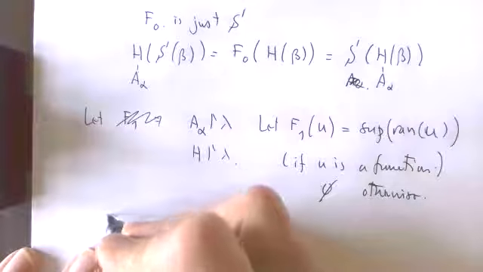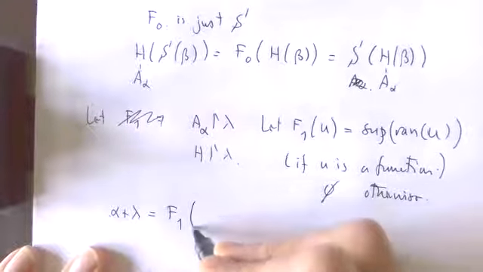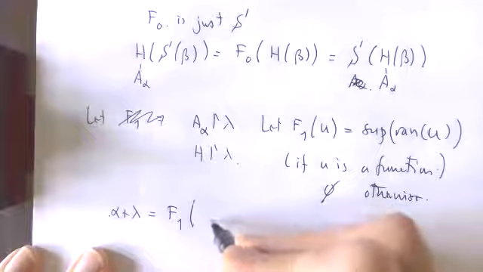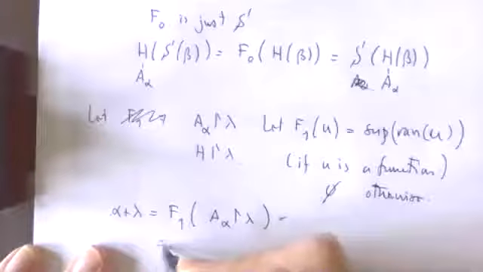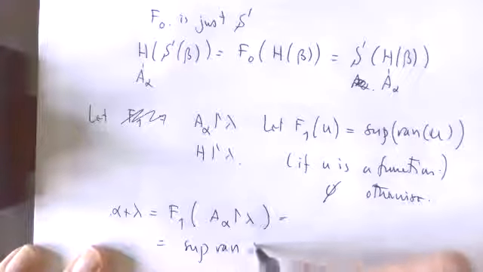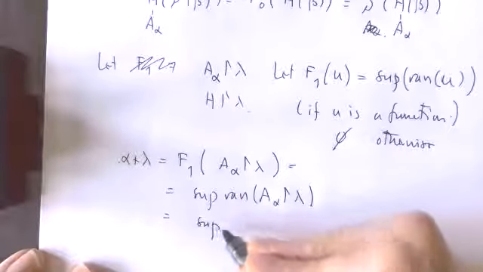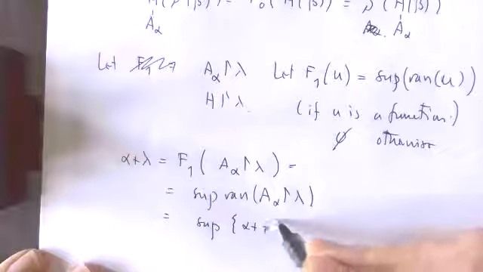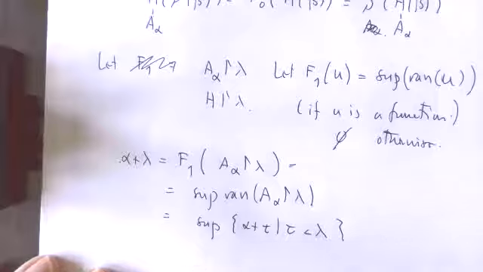So now alpha plus lambda is f1 of the function A alpha restricted to lambda. This is going to be the sup of the range of that function, which is indeed just how we defined it.